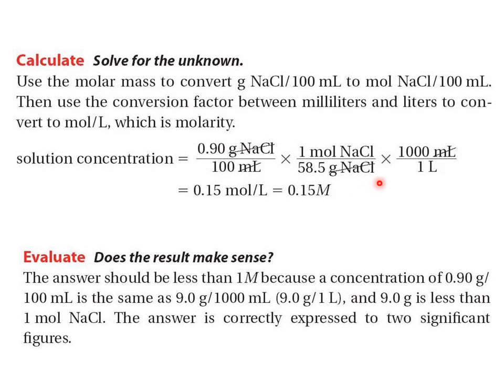Saan ulit siya galing? Sa molar mass ng NaCl galing sa periodic table. And then the conversion factor, which is 1,000 ml per 1 liter. So, you'll come up with 0.15 mole per liter or 0.15 molar. Yung malaking M, molar yon. Mole per liter or molar is accepted.